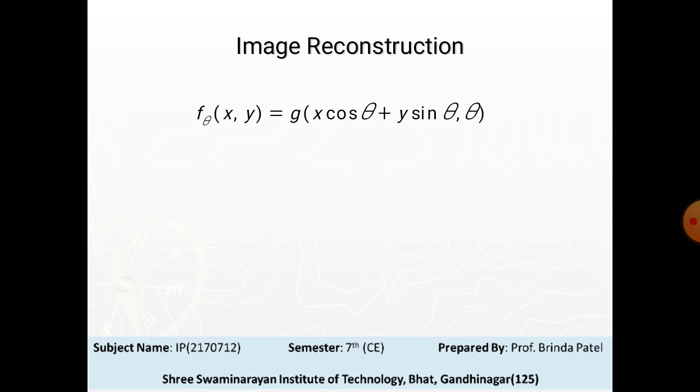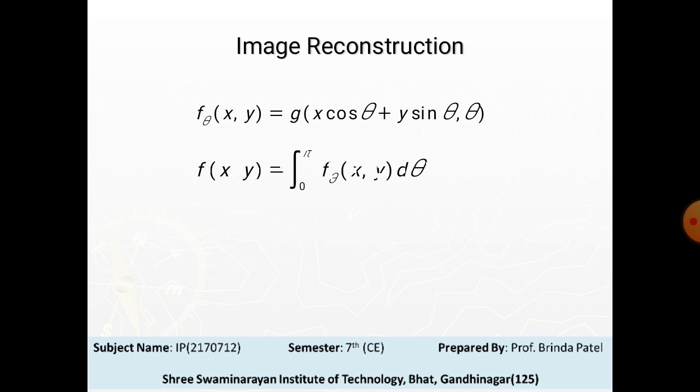Now for the image, consider back projecting the projection obtained with the fixed angle theta k. This equation holds for an arbitrary value of theta k. So we may write in general that the image formed from a single back projection obtained at angle theta is given by f theta of x,y is equal to g of x cos theta plus y sin theta.